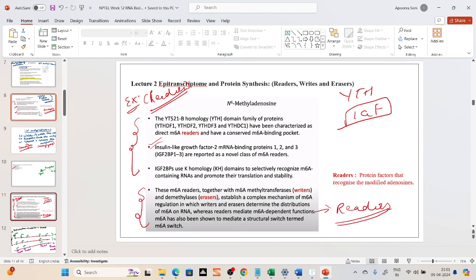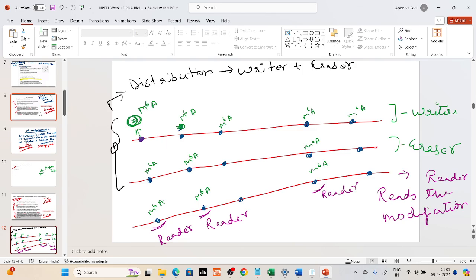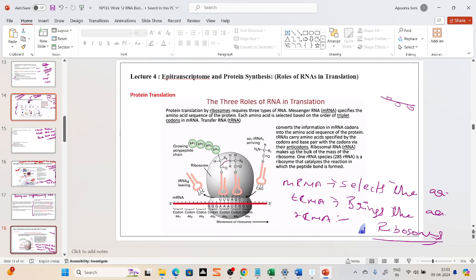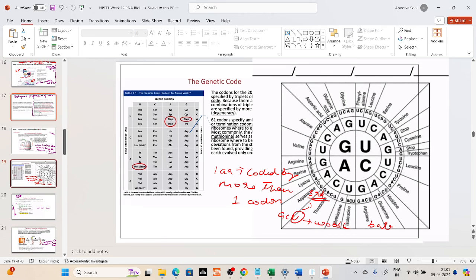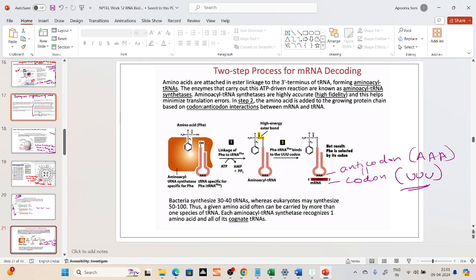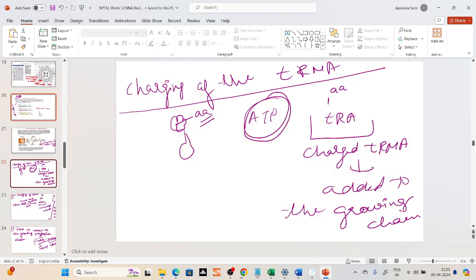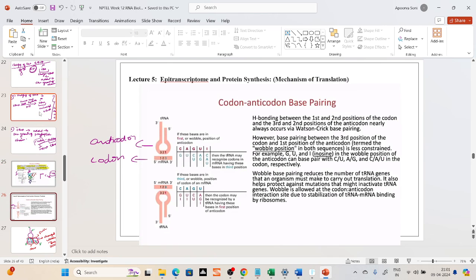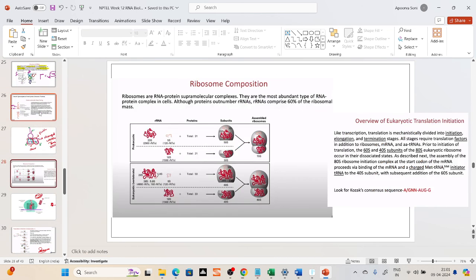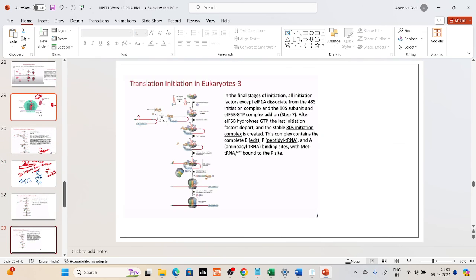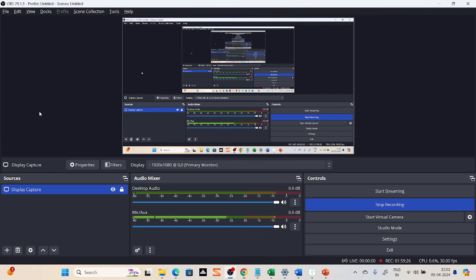Then we studied the protein synthesis machinery, translation, the ribosomes, the genetic code, how to read the triplet code, the charging of the tRNA, the structure of the tRNA, the codon-anticodon base pairing, and ribosome composition. Then we tried to touch on initiation, elongation, and termination.